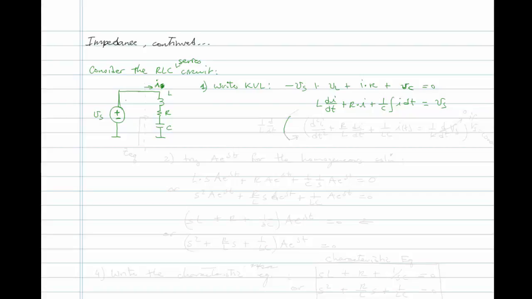If I do 1 over L times d dt, from here to here, then we will have the second derivative of current with respect to time plus R over L, the derivative of I with respect to t, plus 1 over LC times I, is equal to 1 over L derivative of Vs. And if Vs is a constant, this will be 0.